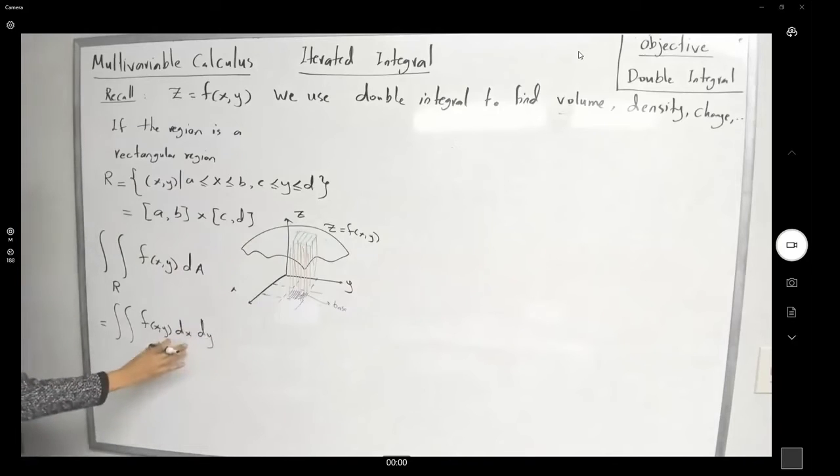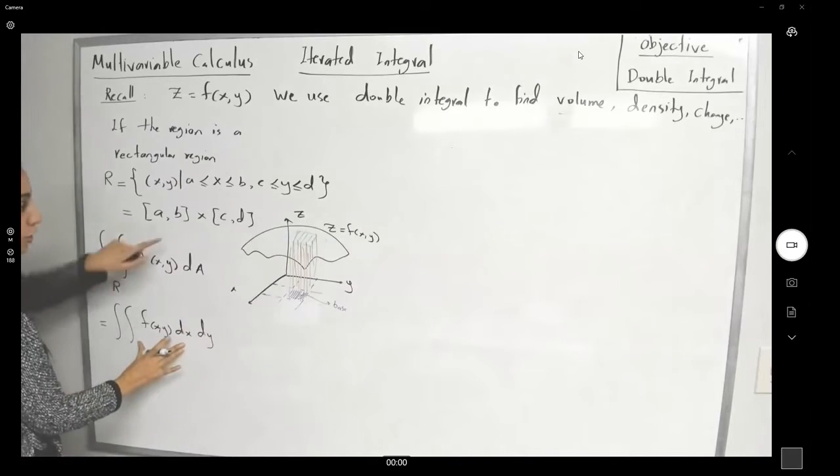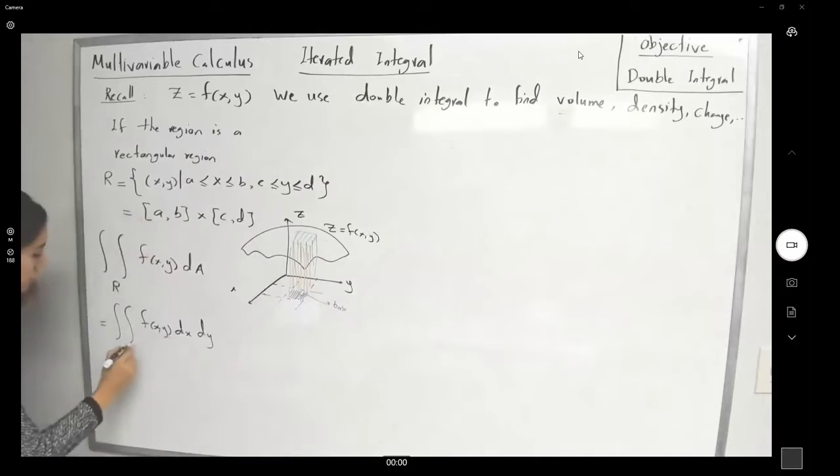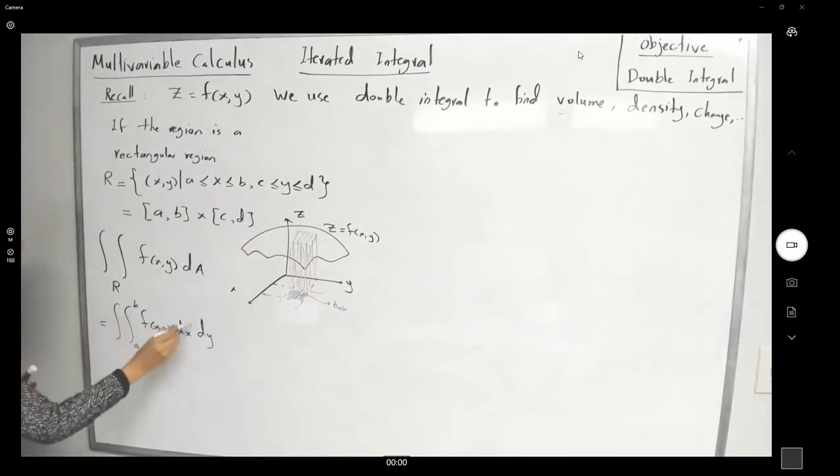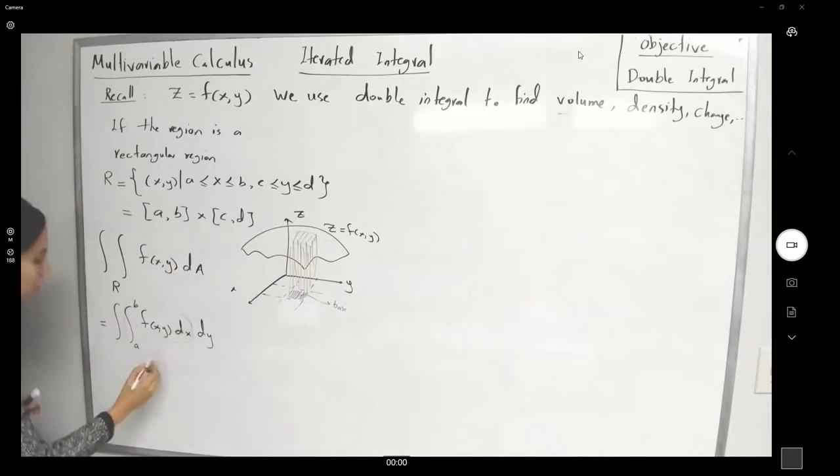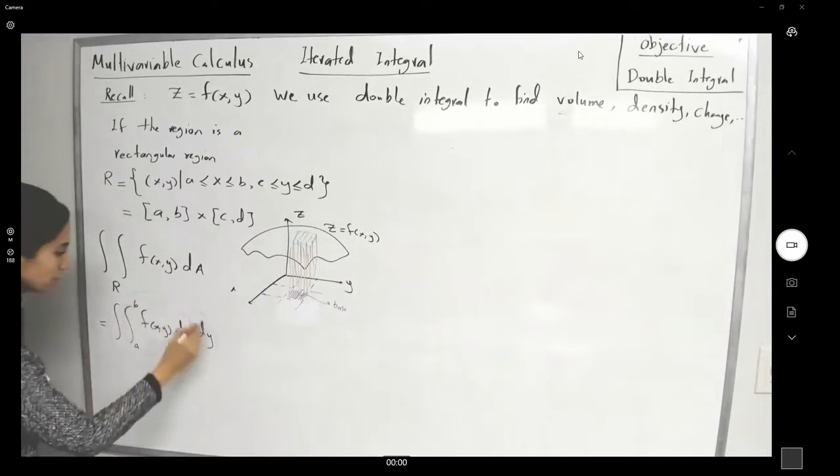If you are taking the integral with respect to X first, your X ranges between A and B. So this is your inner integral. This is what we learned. We first take the integral with respect to X, and then we take the integral with respect to Y, from C to D.